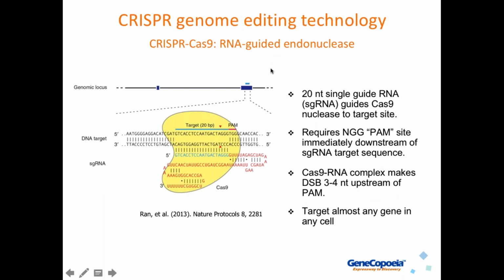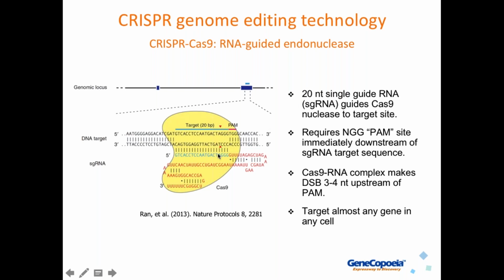Okay, so how do CRISPR RGENs, RNA-guided nucleases, work? Well, there are many, many CRISPR systems in bacteria, and many have been adopted recently for genome editing, but still the most widely used CRISPR system for genome editing applications comes from the bacterium Streptococcus pyogenes, which is the same bacterium that causes strep throat.